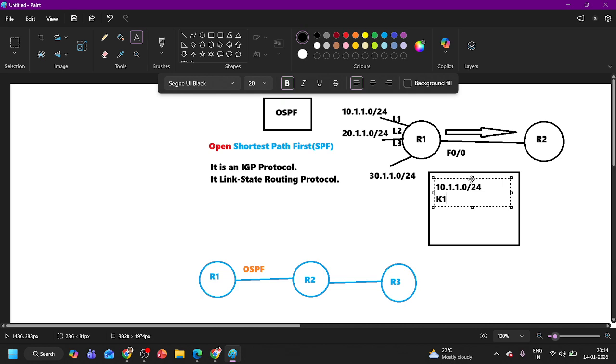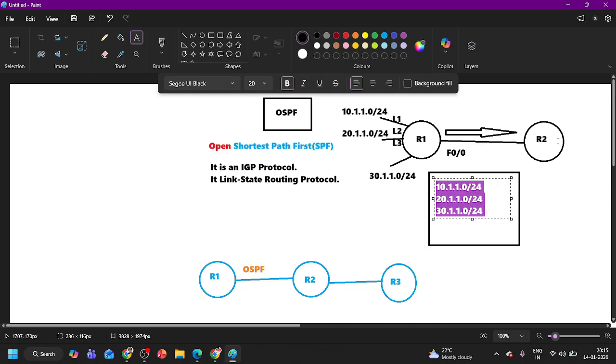K1 means bandwidth: use this bandwidth and this delay to calculate the metric. That's all. Then 20.1.1.0/24 and 30.1.1.0/24, like this.